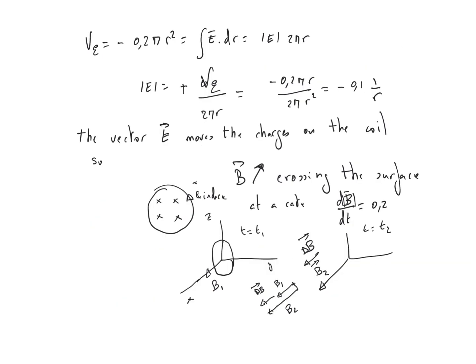So V sub E is 0.5 pi over R. The symmetry of E is over the curve C. It is supposed that E is tangent to the line. So if it's tangent to the line, this circulation is E times 2 pi r, and this allows us to find the electric field, and this is the electric field that I found.